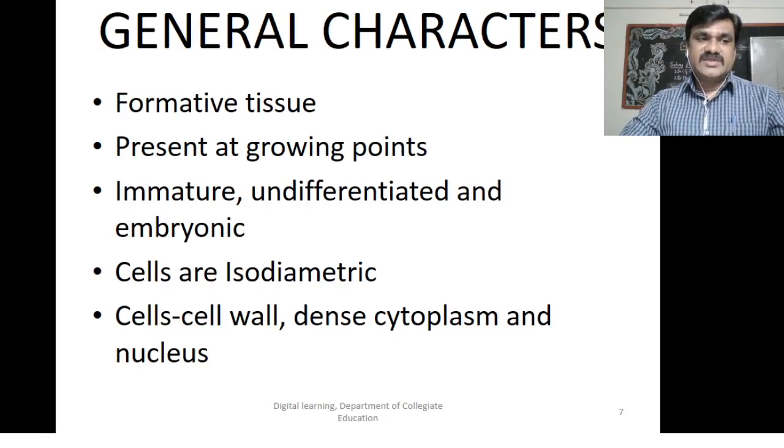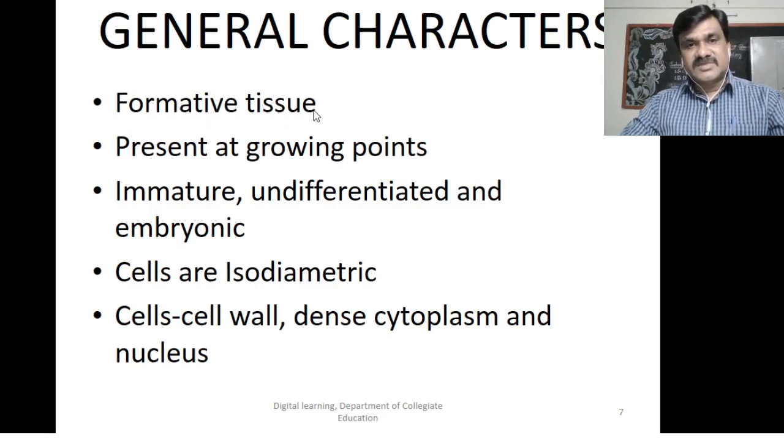Then we will see the general characters of meristems. Meristems are usually called formative tissue. What is formative tissue? The name itself indicates the tissue which is involved in the formation of the plant body. That is what we call formative tissue. The meristems have the property of division.